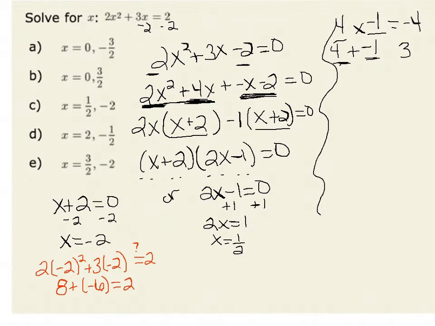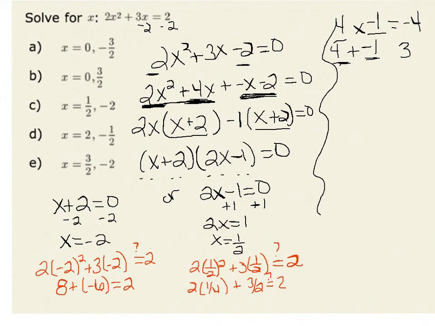Now let's substitute 1/2 into my quadratic equation to verify that this is also a solution. I would have 2 times 1/2 squared plus 3 times 1/2, and I want to check to see if this is indeed equal to 2. Well, 1/2 squared is 1/4, so I have 2 times 1/4 plus 3 times 1/2, which is 3/2, and I want to see if this is again equal to 2.